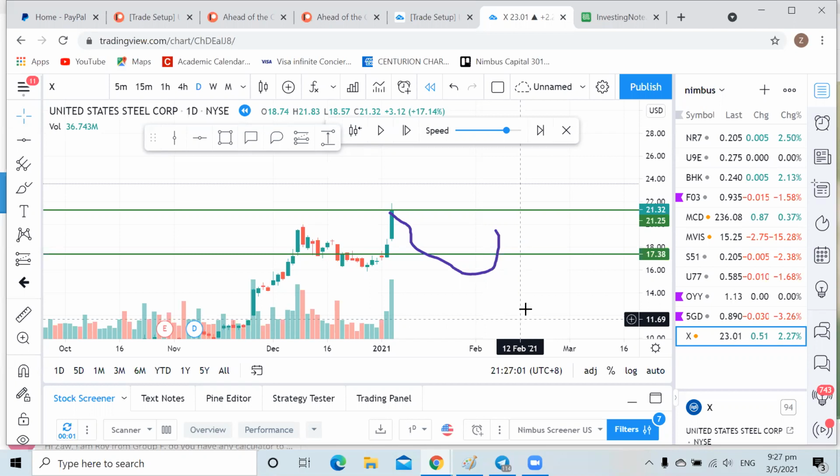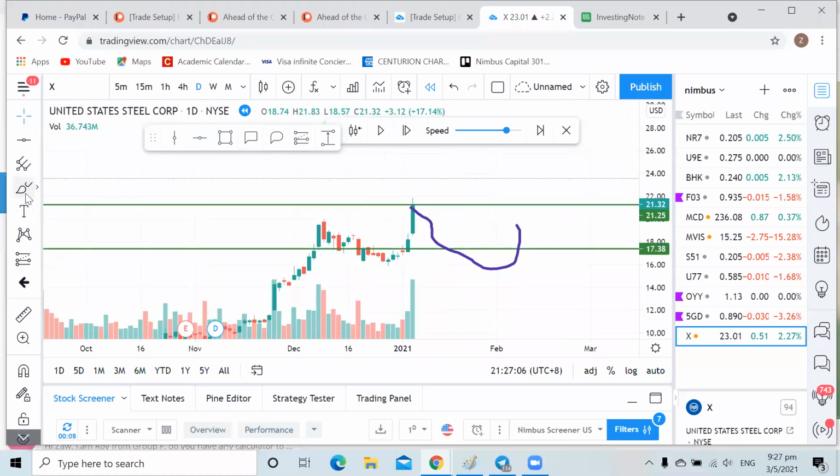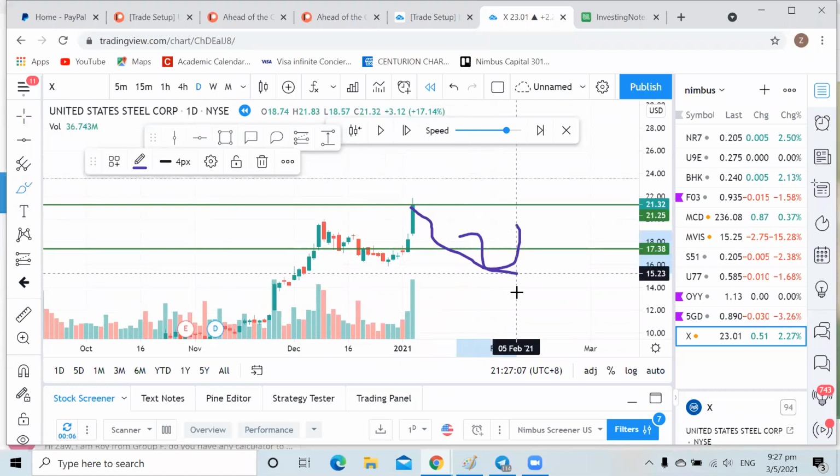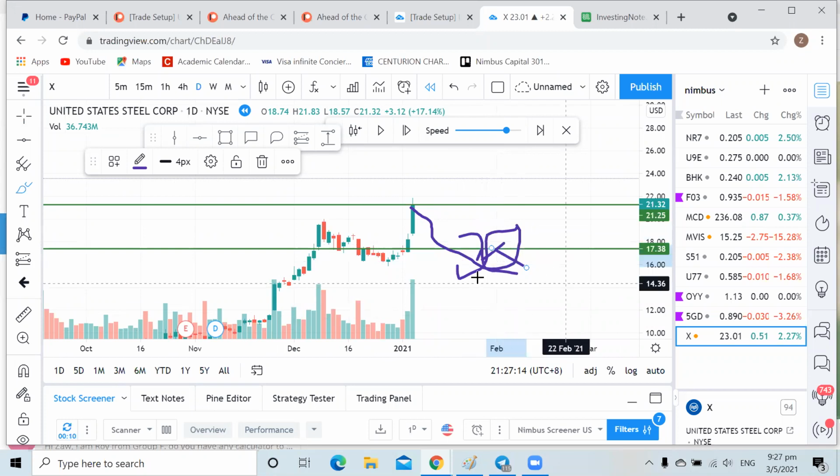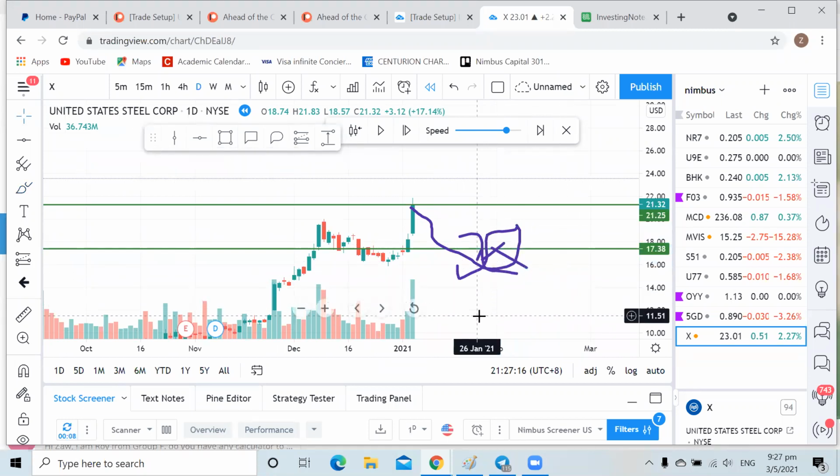Do not take the second entry when you see a big red candle that suddenly hits the second entry level. Do not take that big red candle, but rather wait for the green candle to come back up and then you take it. So that's the number one thing you need to take note of about taking the second entry. So we covered two very important points. Number one, decide whether you want the second entry or not, then you halve your risk.